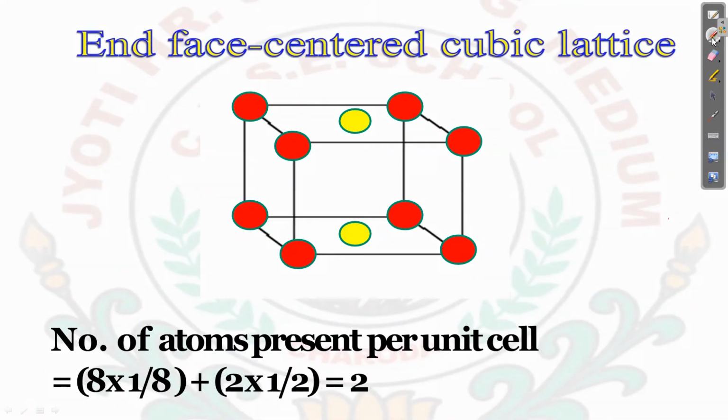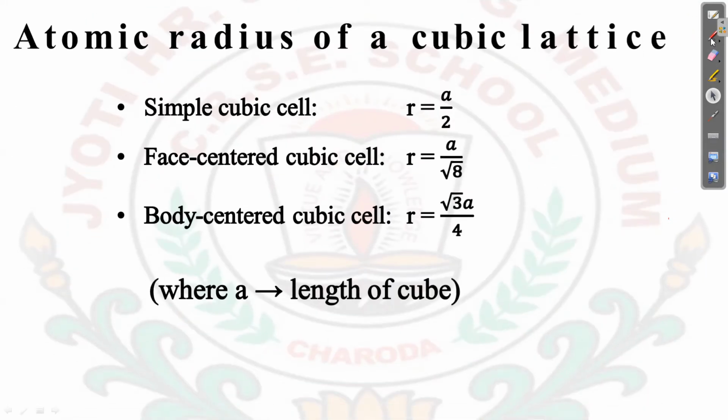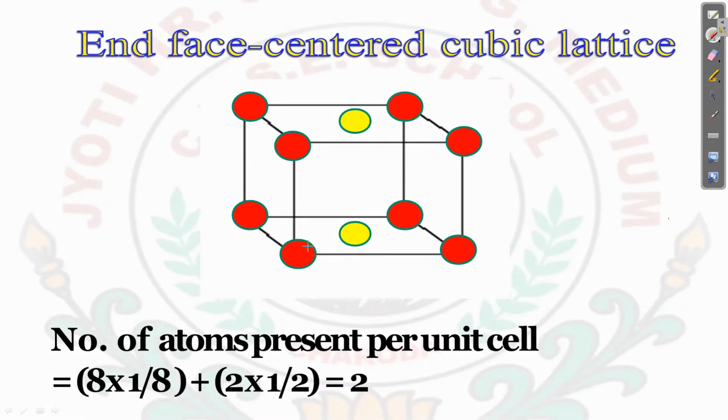Next is the end centered cubic cell. Here in the end centered cubic cell, what will be there? There will be 8 corner atoms: one, two, three, four, five, six, seven, eight.